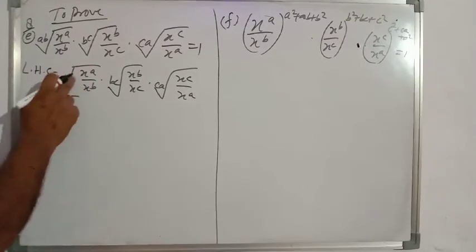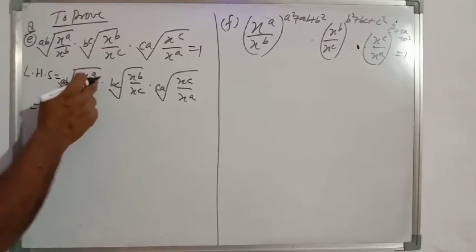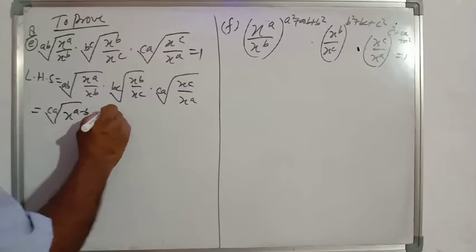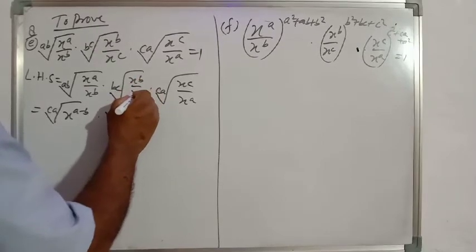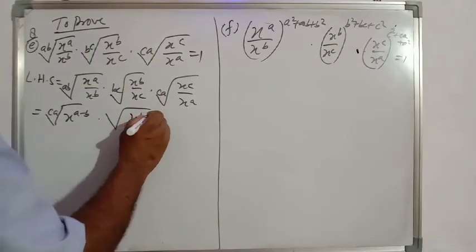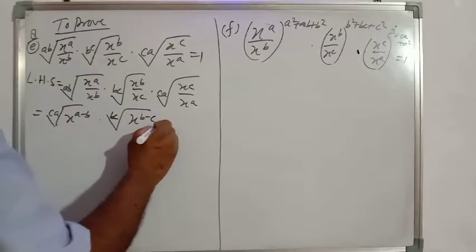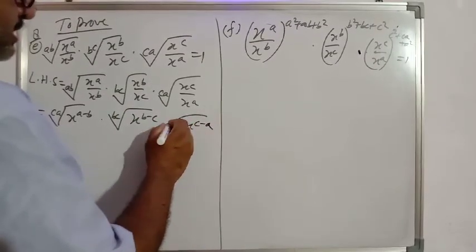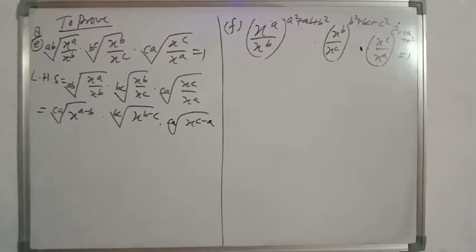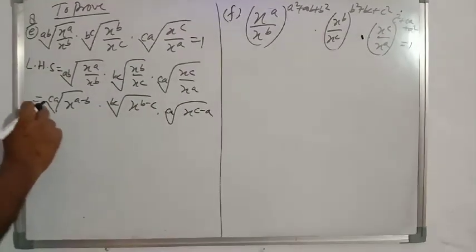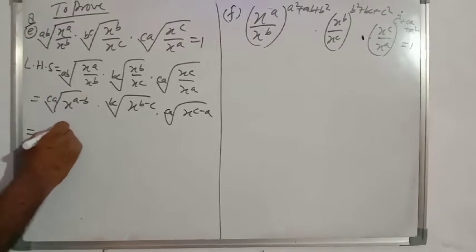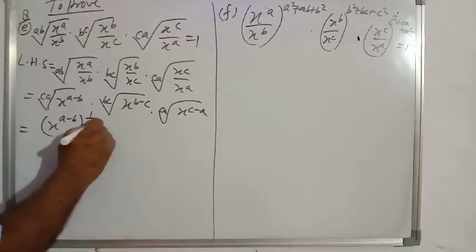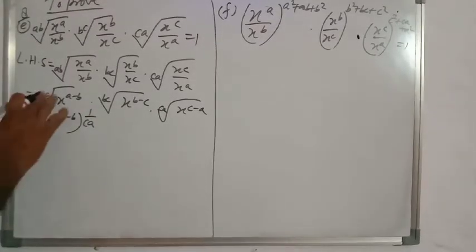Use here the quotient rule. X to the power a upon x to the power b, we will write a minus b. And x to the power b upon x to the power c is b minus c. Third one will be c minus a. Remove the sign of root. We write x to the power a minus b, whole to the power 1 upon ab.